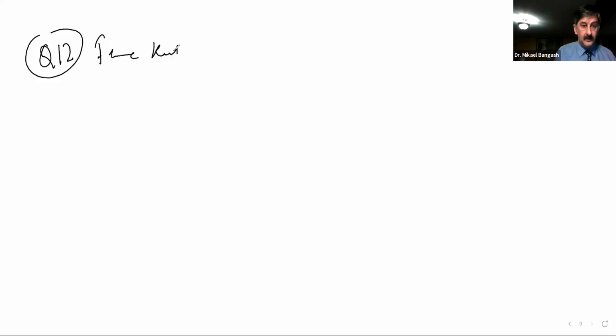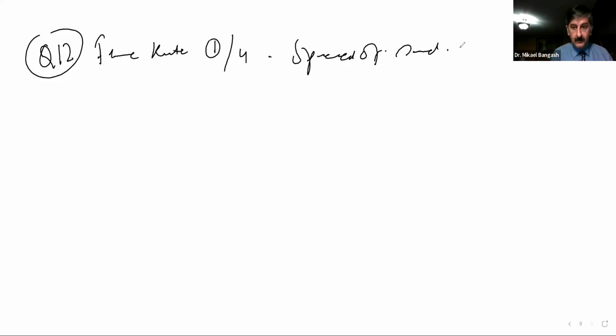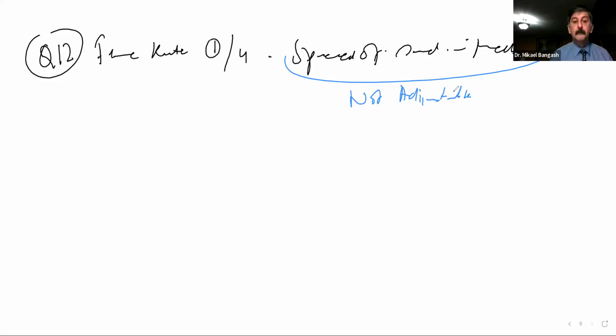Now, guys, when you look at these options here, there's only one of the four that determines the frame rate, and that was the speed of sound in the medium. Although, as I said already, this one was not adjustable, right? Clear.